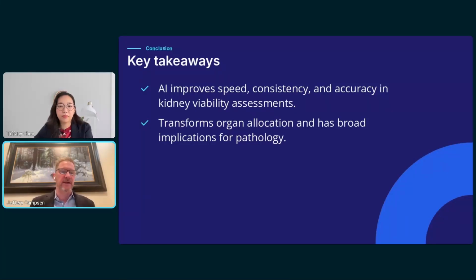And this creates an environment of trust, which I think is hugely important. It has the potential to transform organ allocation, and it has broad implications for pathology, allowing for, again, the best information possible provided to the transplant centers.